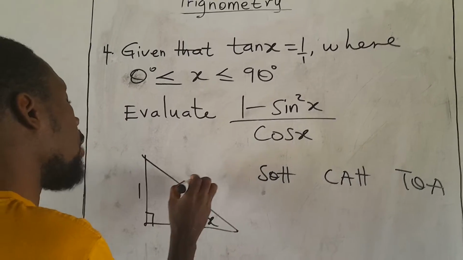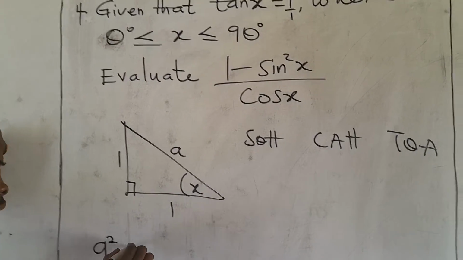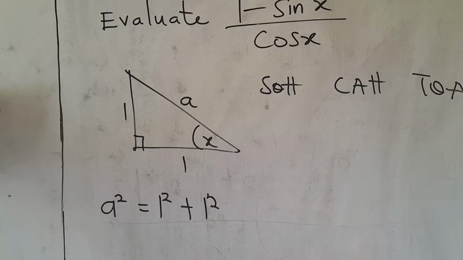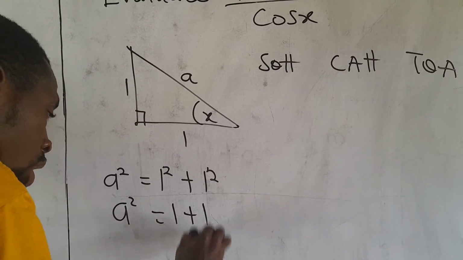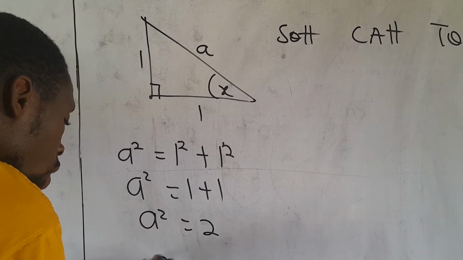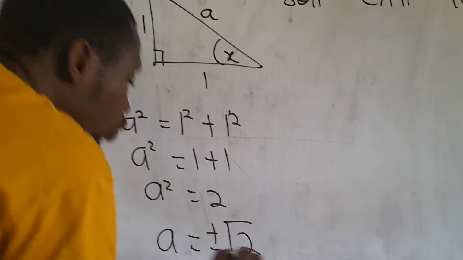Then we need to find the hypotenuse. So we can say our a squared is equal to 1 squared from Pythagoras theorem plus 1 squared. 1 squared is 1, so we say 1 plus 1. a squared will be equal to 2. a will be equal to plus or minus the square root of 2.